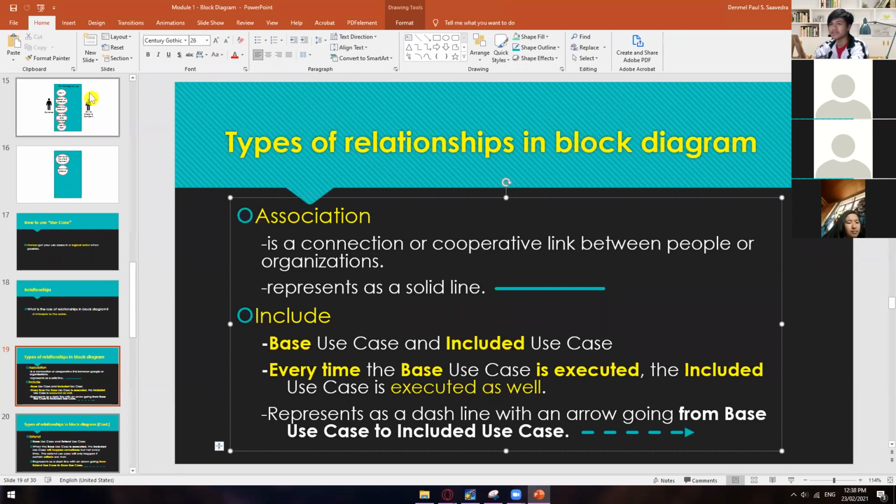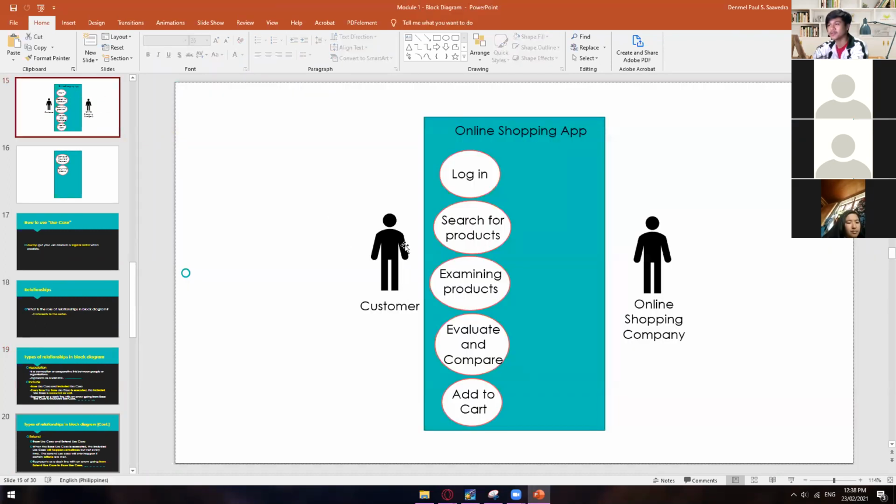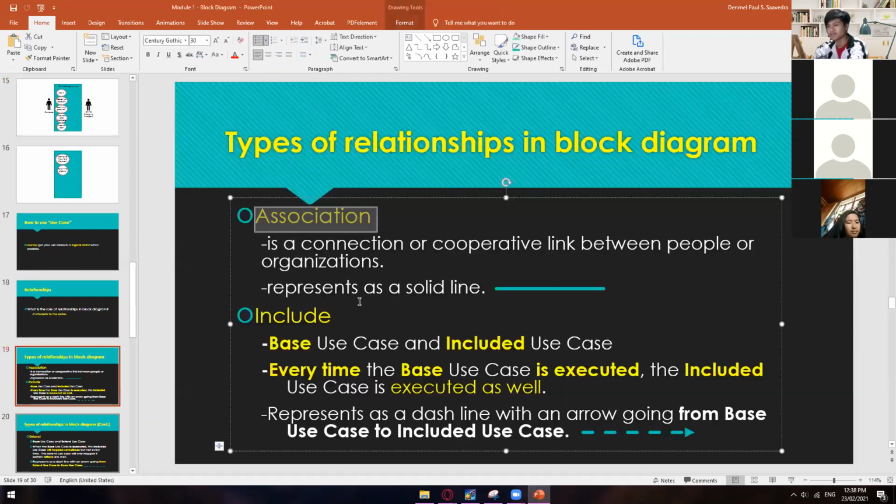Okay, so this is your connection from the customer to the system. We call that one association. And then inside of our system, we have the include relationships. When we say include, you have the base and then the included use case.